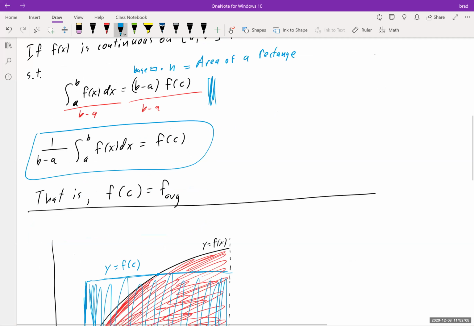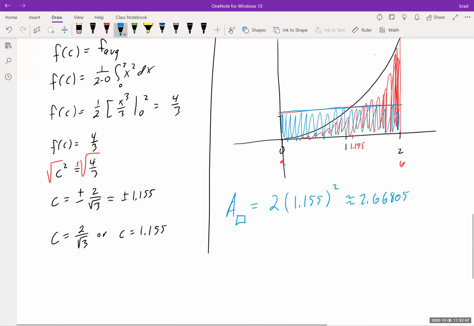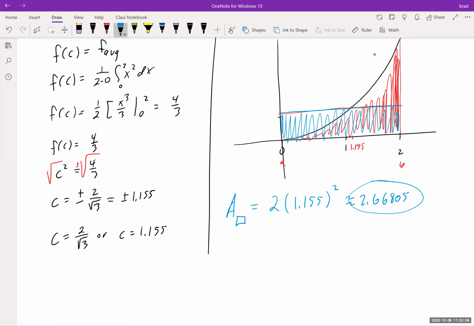So when I come over here, I now know that the area of the rectangle is approximately 2.6680. And again, what if I use the exact area? I would do 2 times the square root of 4/3, squared, right?